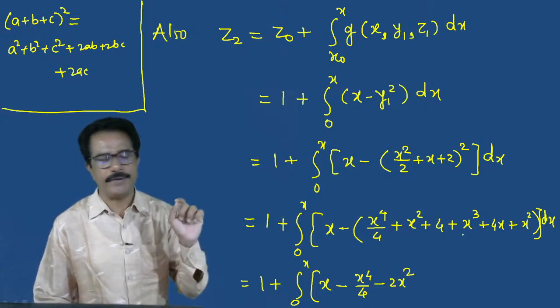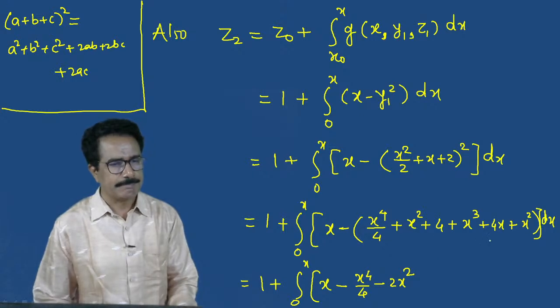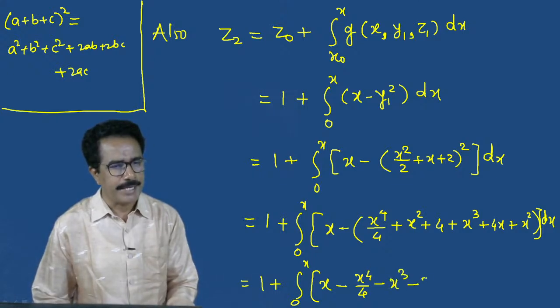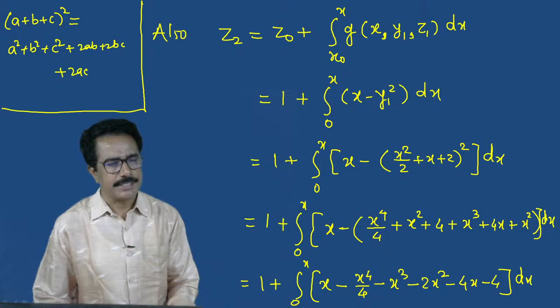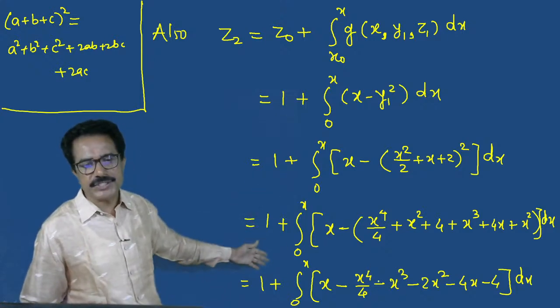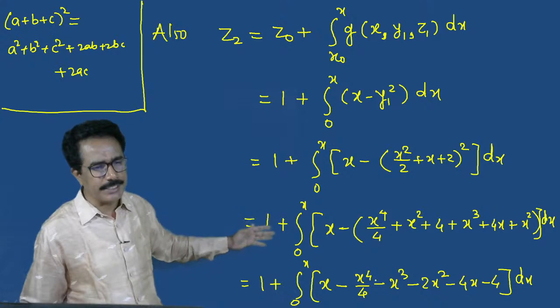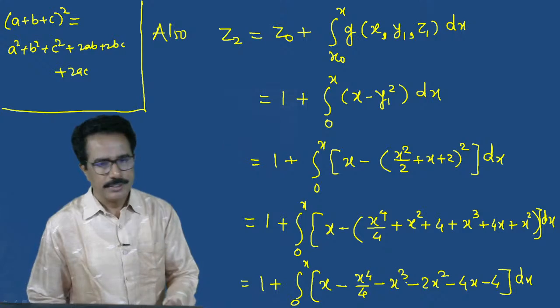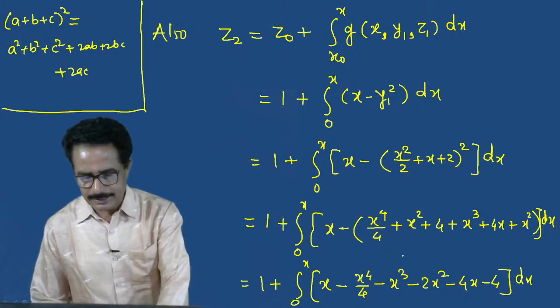Very good, Pranit Mule, very nice. 2x square, we shall write first x cube, minus x cube minus 2x square, plus minus 4x minus 4. Is it okay? dx. Now you can calculate the integral of each term. This x and this minus 4x make minus 3x. So you can calculate the integral of each term.